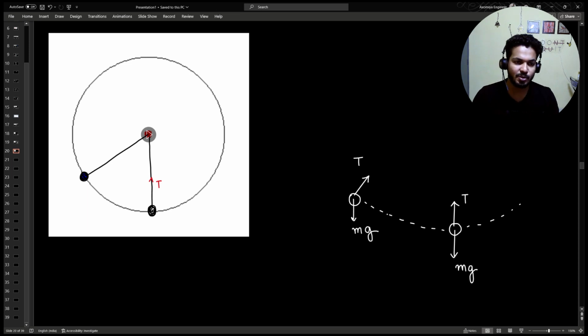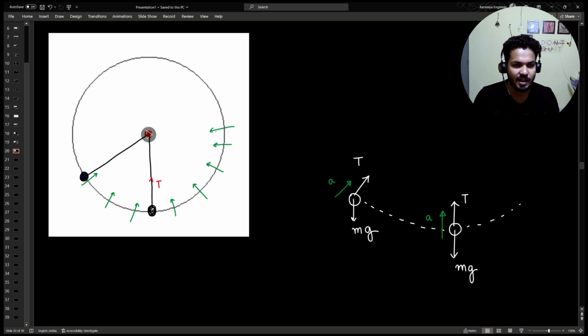One more thing: if it's doing a circular motion, is it experiencing any sort of acceleration? Yes, it is always accelerating towards the center. So here there's an acceleration like this, and at this location the acceleration would be like this. Every time the ball is at a different location, the direction of acceleration will always point towards the center, because that's how centripetal force is defined.